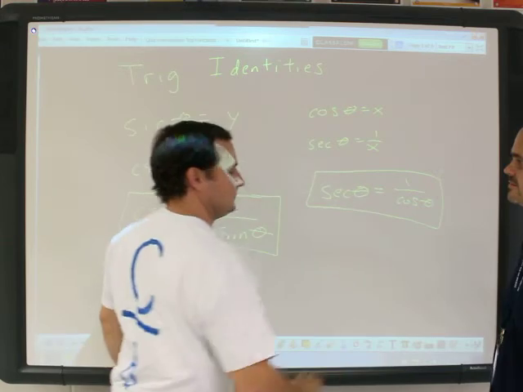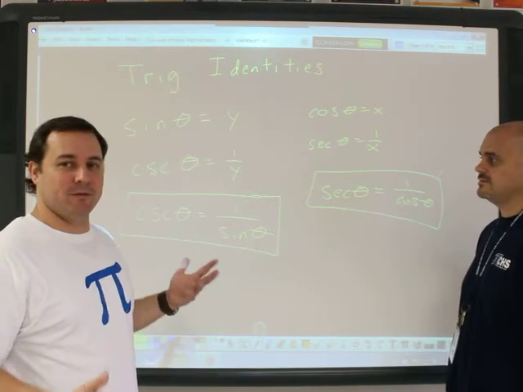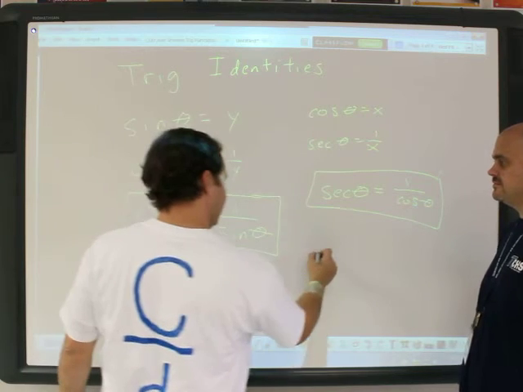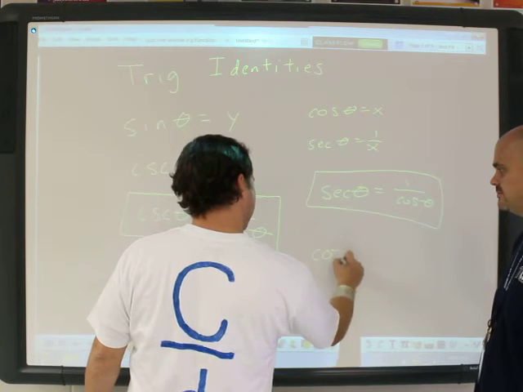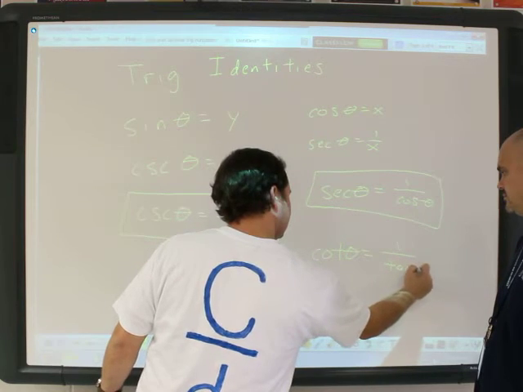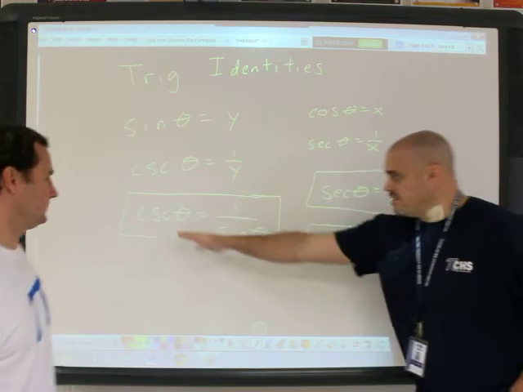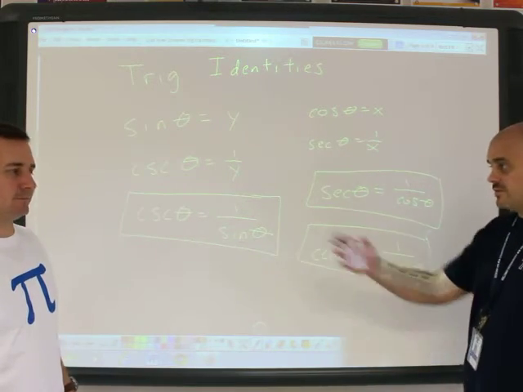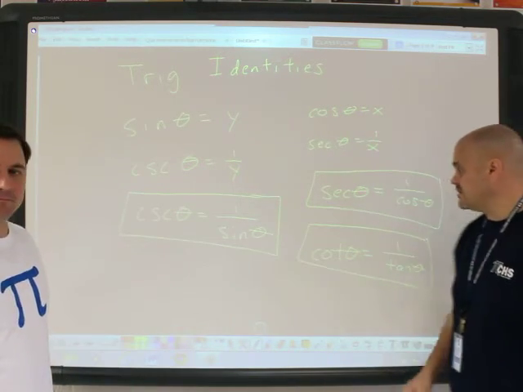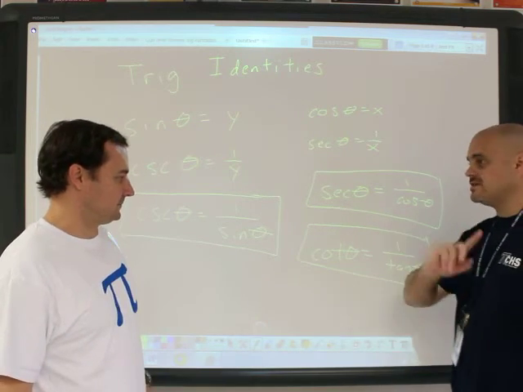Likewise with tangent and cotangent, exact same way, cotangent is going to be equal to 1 over tangent. So we've got cosecant of theta equals 1 over sine. The reciprocal of sine is cosecant. The reciprocal of cosine is secant. And the reciprocal of tangent is cotangent.